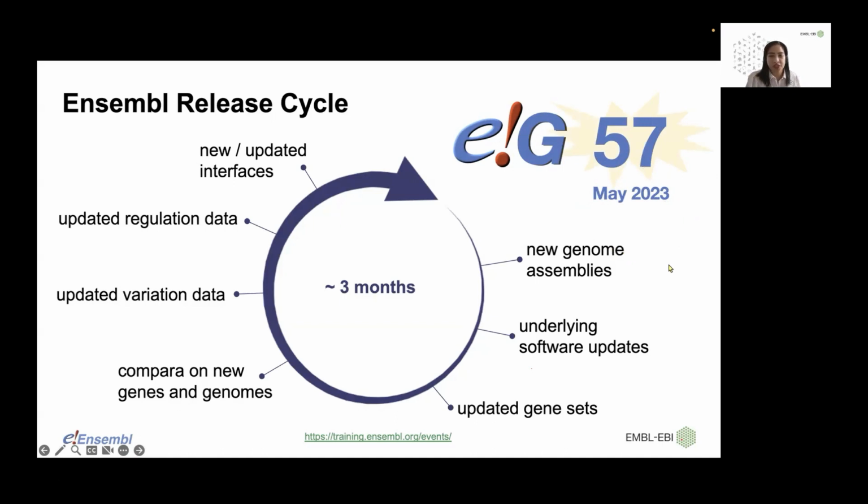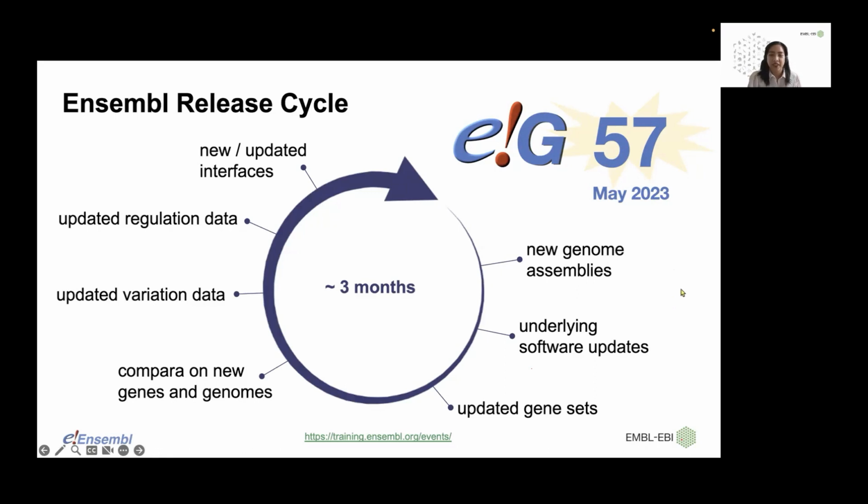So because the Ensembl sites are not static, you always want to make sure that you write down which release number you're working with. And I will show you how you can find out which release you're working with during the demonstration. And then, oh yes, we also keep older versions of Ensembl.